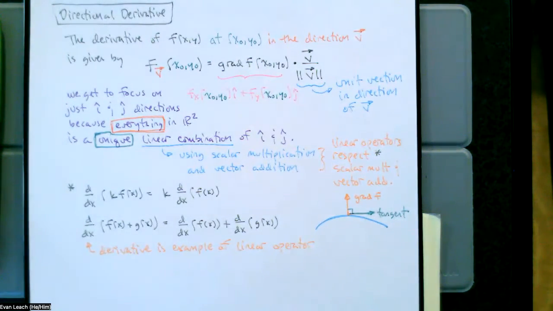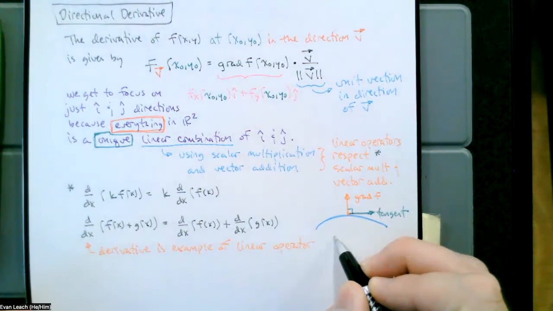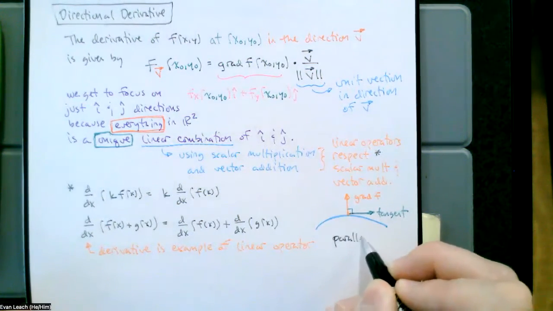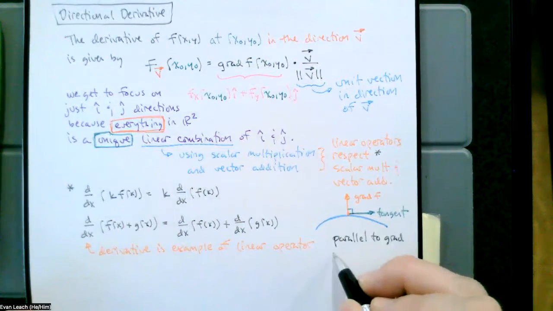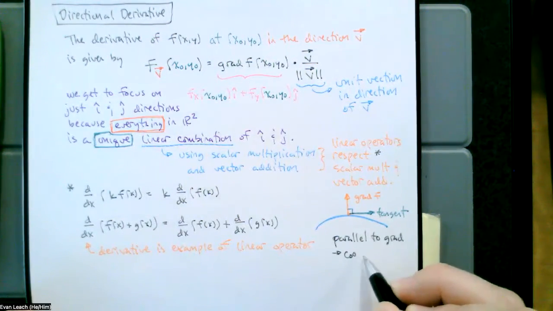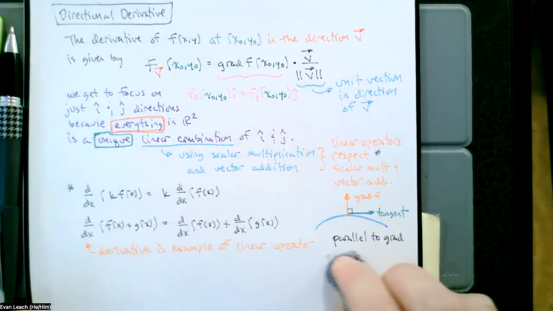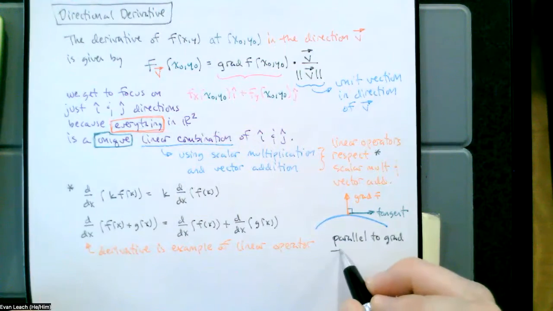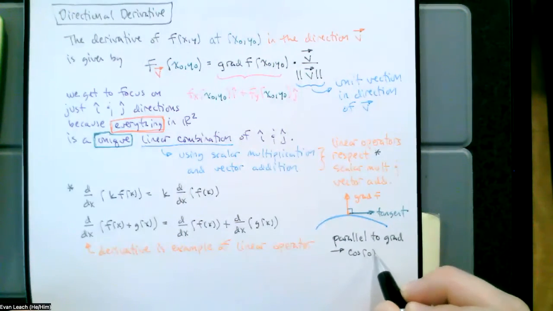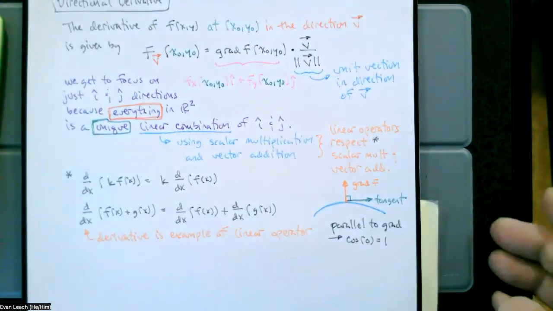So in the direction of the gradient, parallel to the gradient, we have the cosine of 0 is equal to 1. It's just the gradient. Maximum change in f.